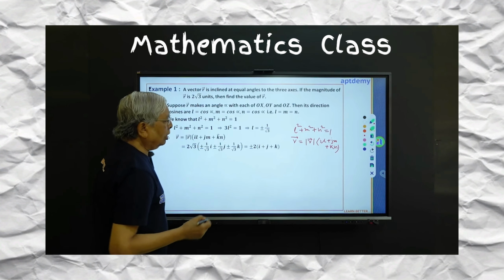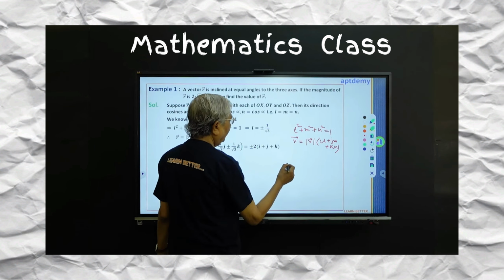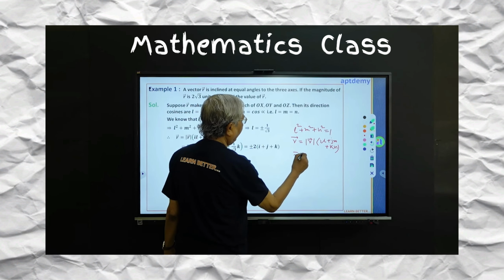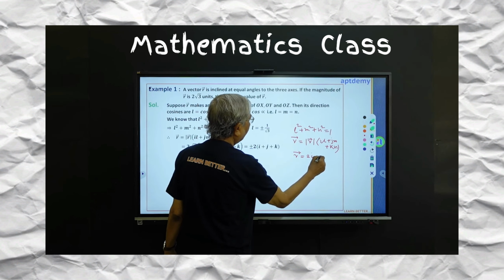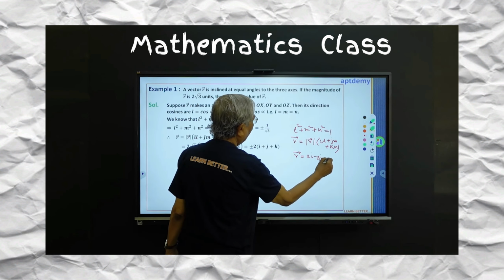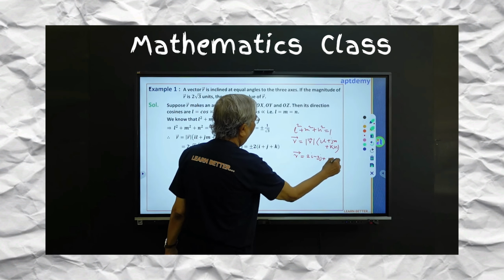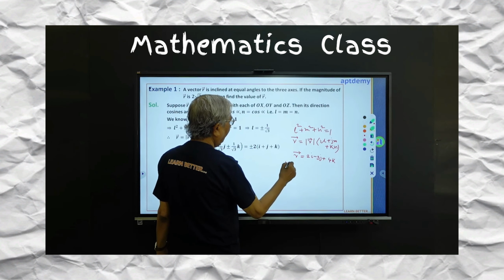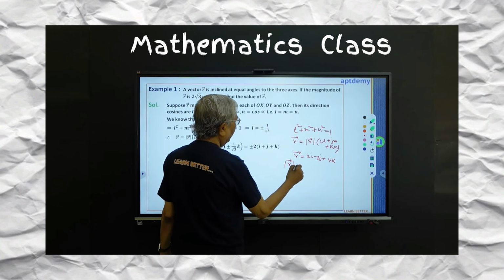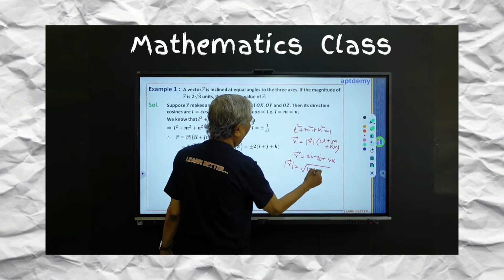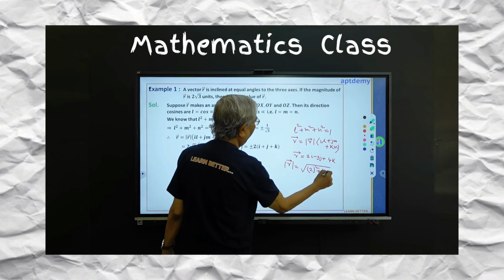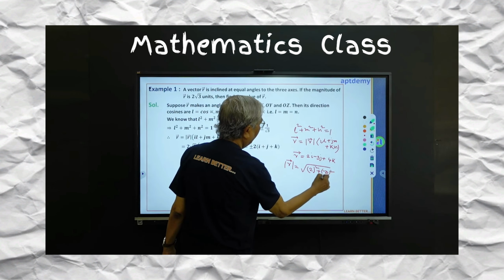How to find the modulus of a vector? Suppose we are given that R is a vector, say 2i minus 3j plus 4k. The mod of vector R is the root of 2 square plus minus 3 whole square plus 4 whole square.